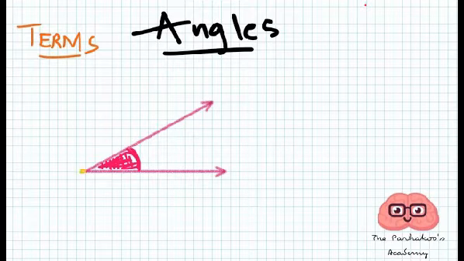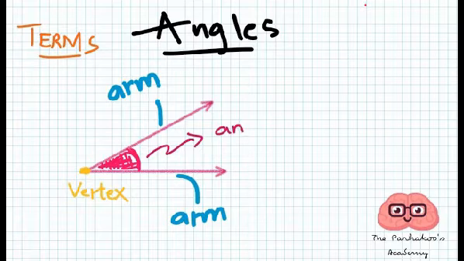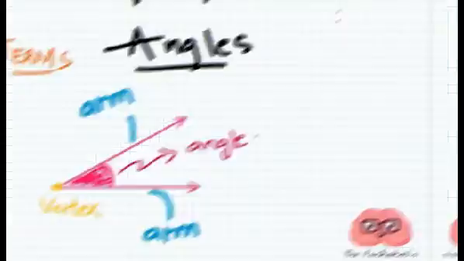This common point where these two rays meet is called the vertex. These rays are known as the arms of the angle, and this is the angle. These are the terms that you would be using very often, so it's very important.